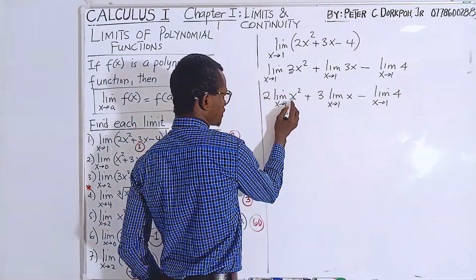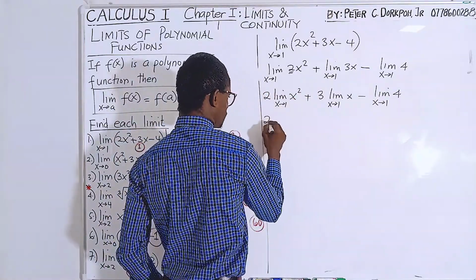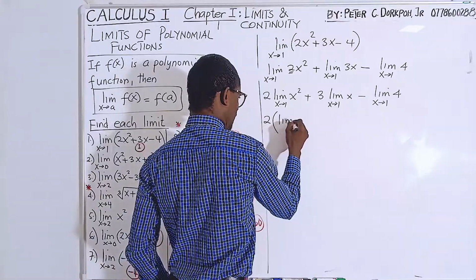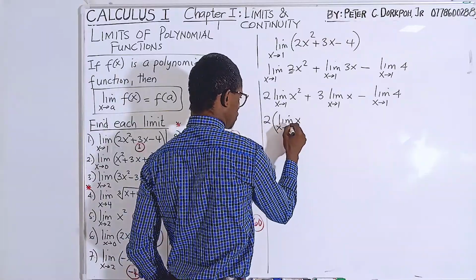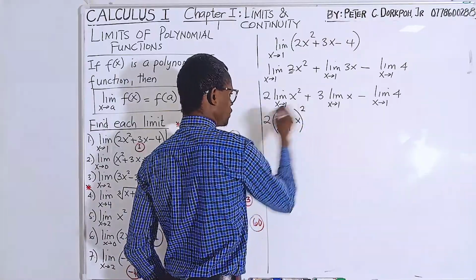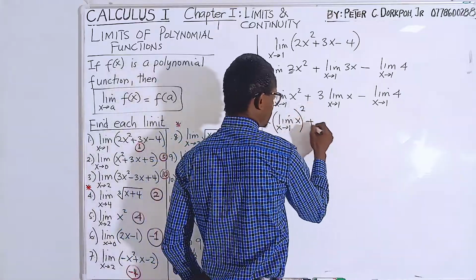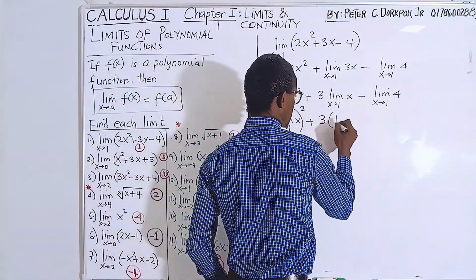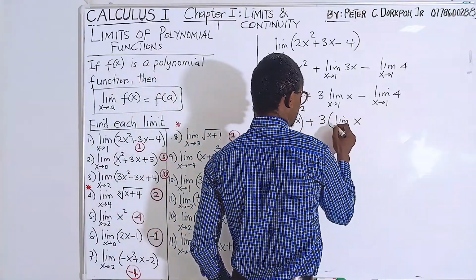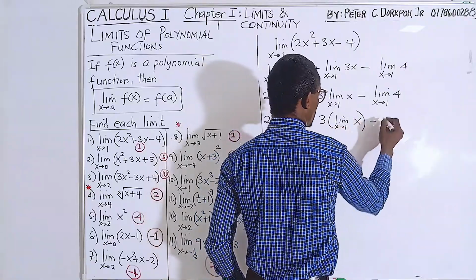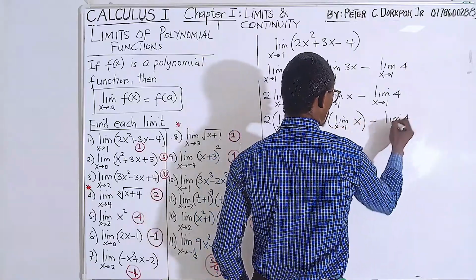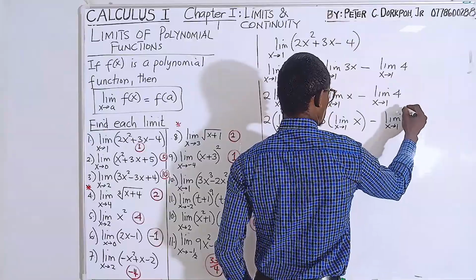Now for this, the power rule, you have 2 times the limit of x as x is approaching 1, then you raise the whole thing to the power of 2, plus 3 times the limit of x as x is approaching 1, and then minus the limit of 4 as x is approaching 1.